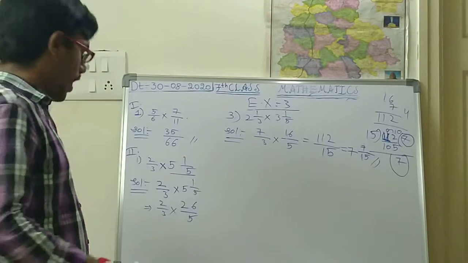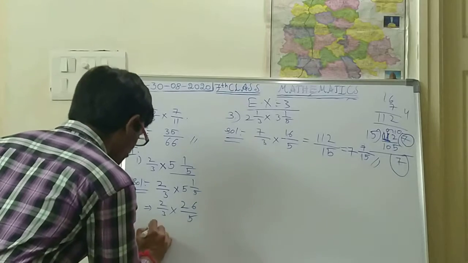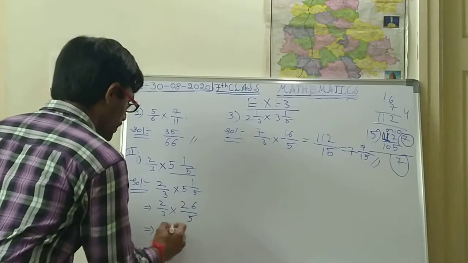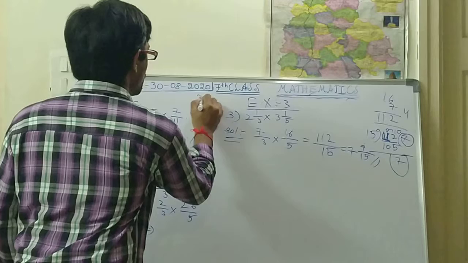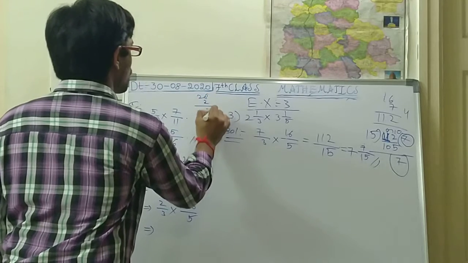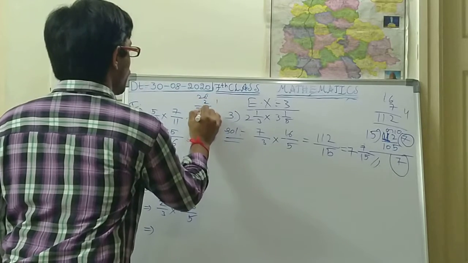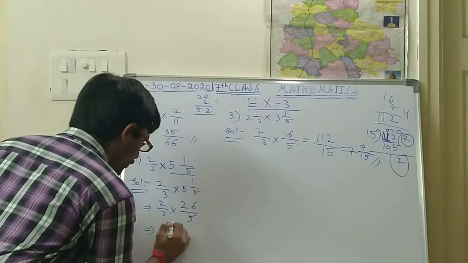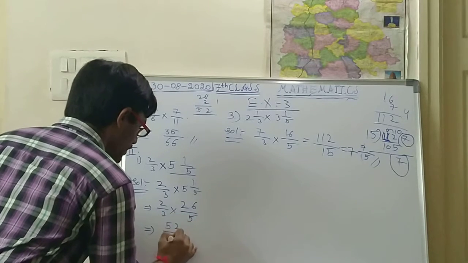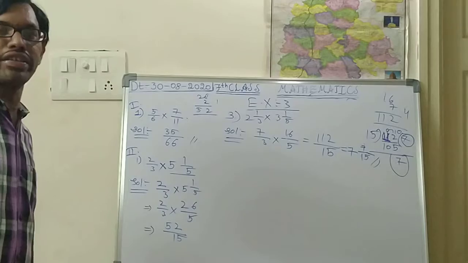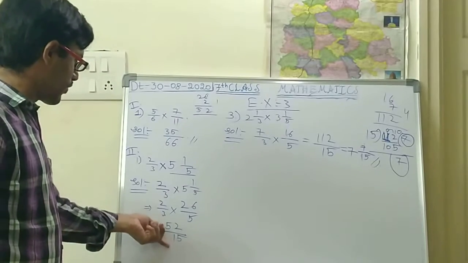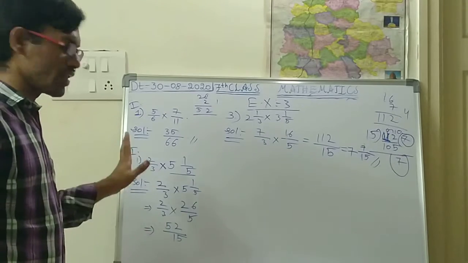Is it right, children? After writing this one, now multiply. So 2 into 26, 26 twos. What is 26 into 2? 2 sixes are 12, 2 twos are 4 plus 1 is 5, 52. So 52 by 3 fives are 15. I hope you are understanding. So 52 by 15 is the answer for this problem.